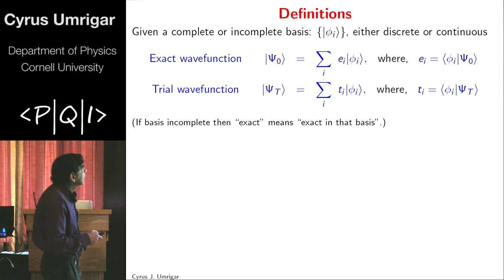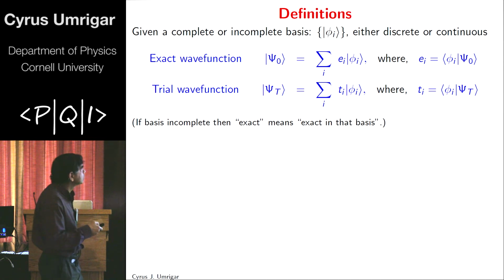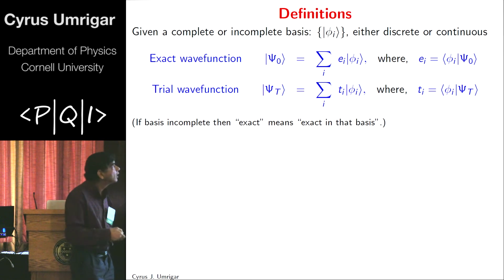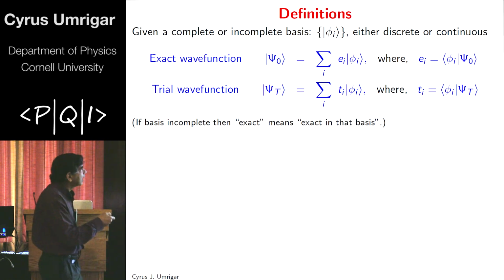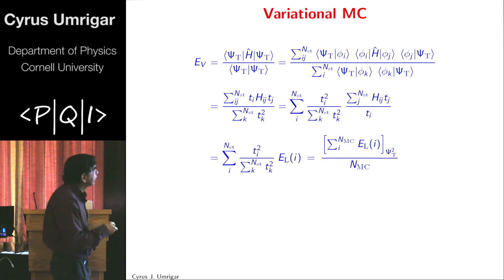Okay. So to make that a little bit more concrete, let's introduce some notation. Let's say I have a basis, and for now I will keep the basis general. I expand my exact wave function in that basis, and I will call those expansion coefficients E. And I can expand a trial wave function, an approximation to my exact wave function, in the same basis, and I will call those T. So here's the gist of variational Monte Carlo.